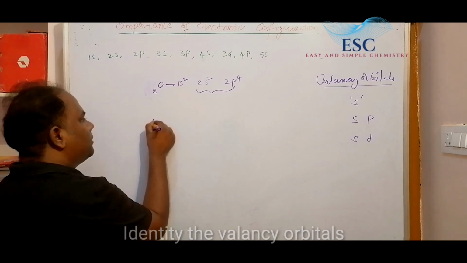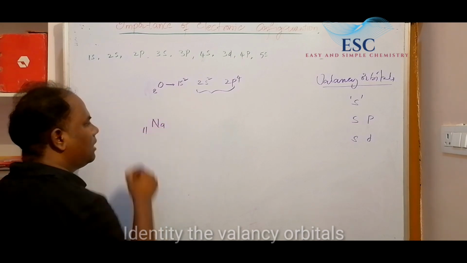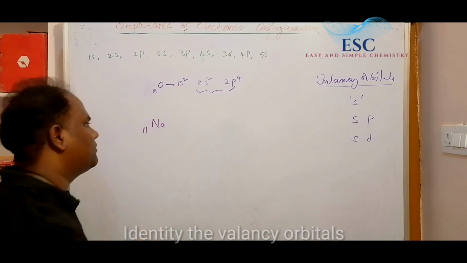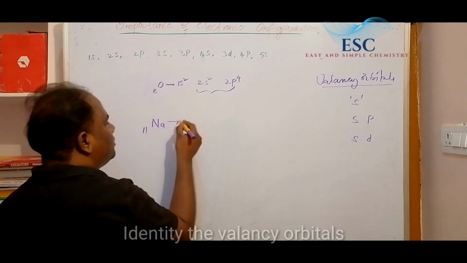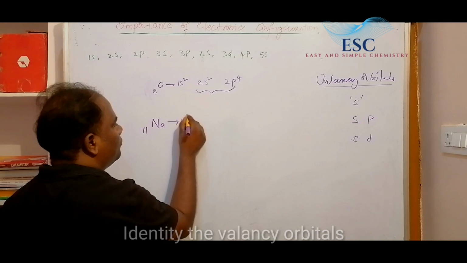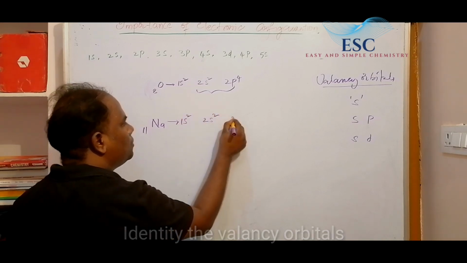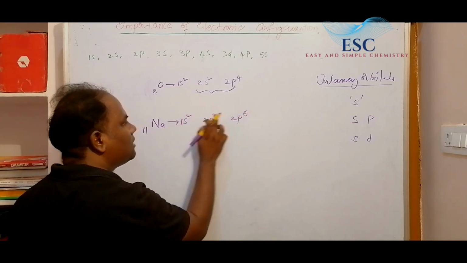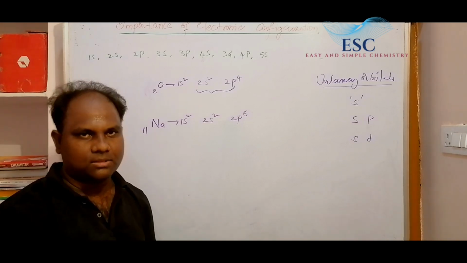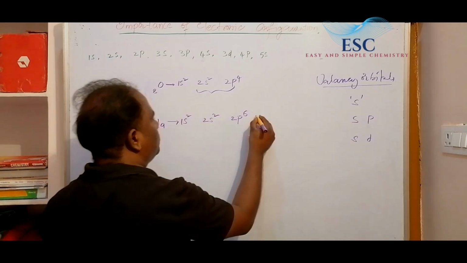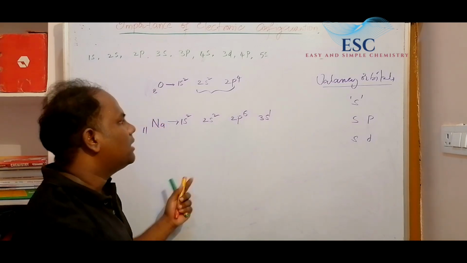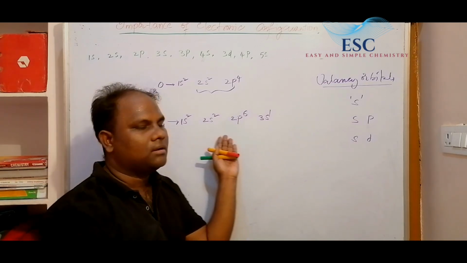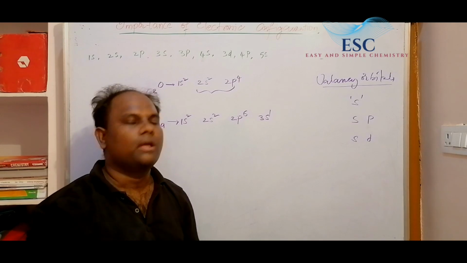Going to another example, sodium. We already know the atomic number of sodium is 11. The electronic configuration of sodium is 1s2, 2s2, 2p6. How many electrons are completed here? 10. The remaining 1 is written as s1. Here, which is the valency orbital?